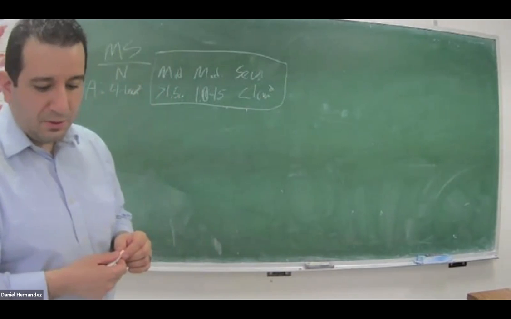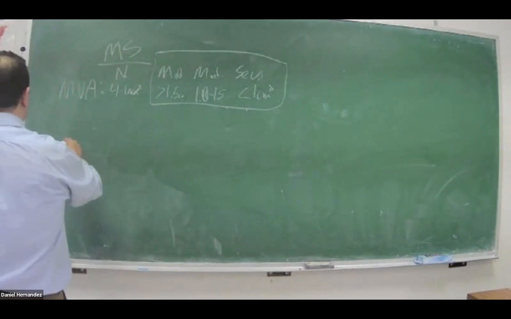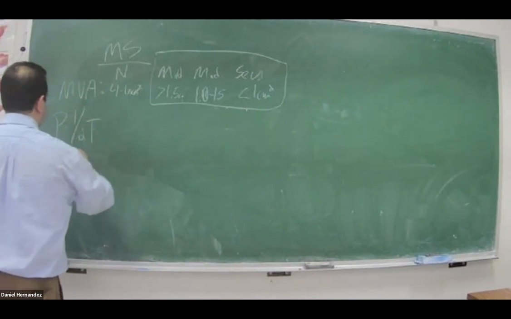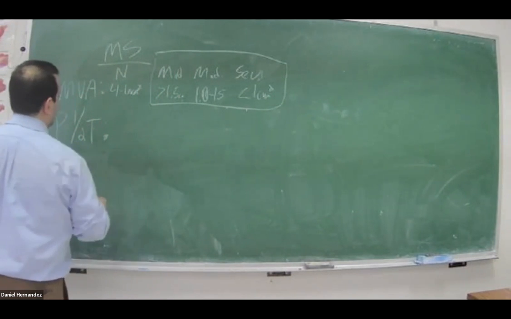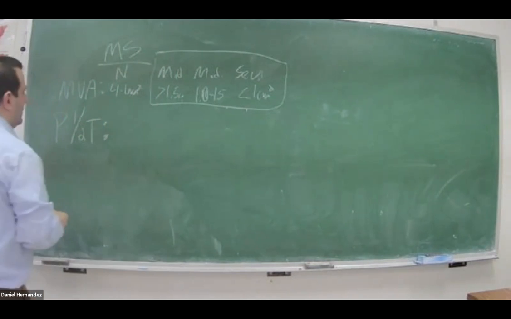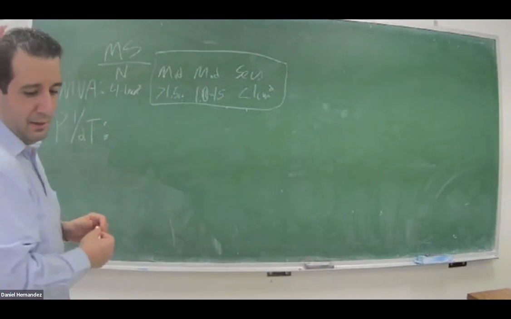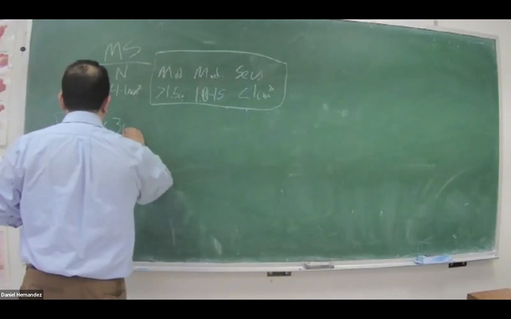We can add that to our chart, our pressure half time values. P half time, pressure half time. Our normal pressure half time is going to be 30 to 60 milliseconds.